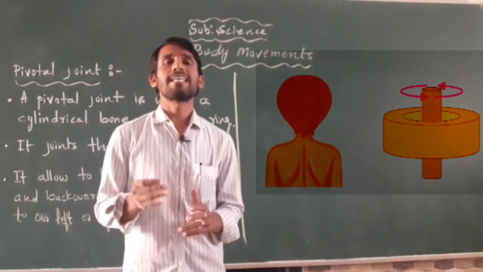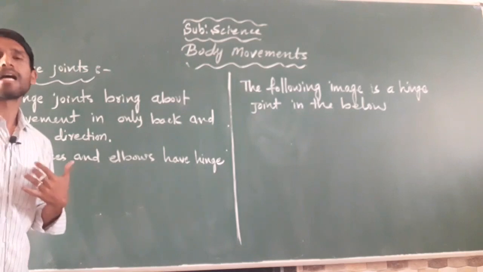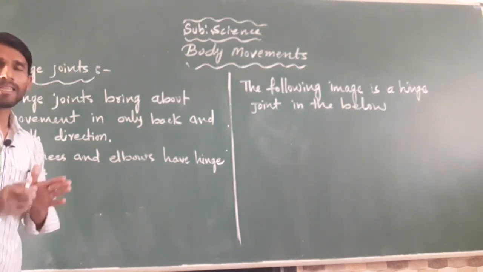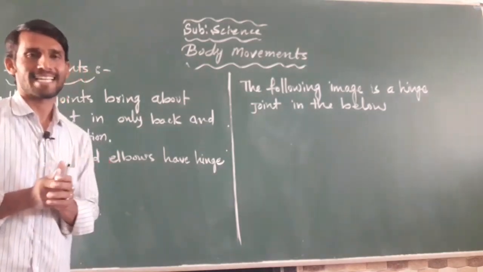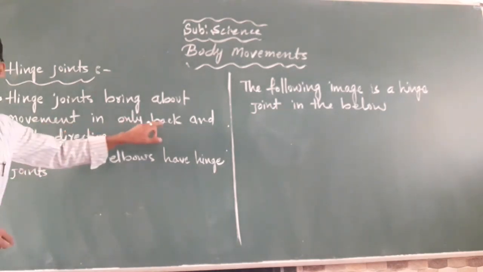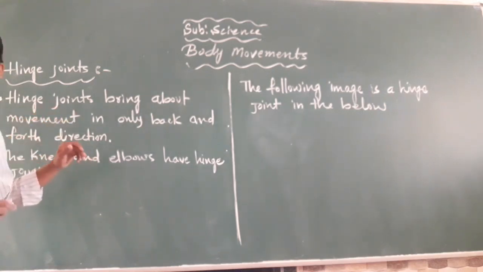Dear friend, next I am taking the hinge joint. Dear friend, in some places in our body we have hinge joints. A hinge joint means that it opens only one side. See here, first point, hinge joints bring about movement in only a back and forth direction.